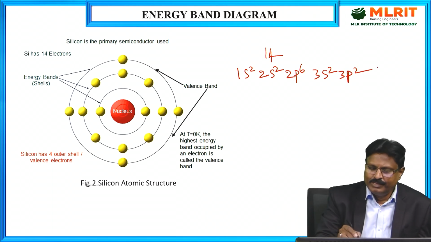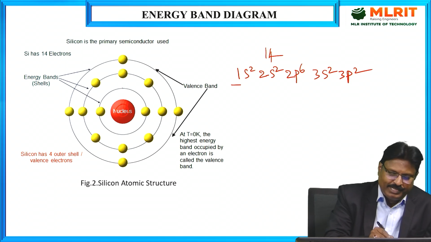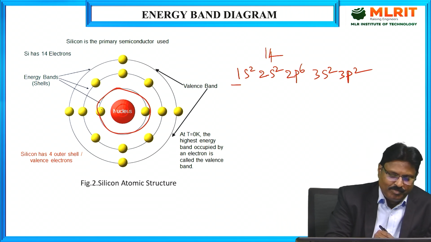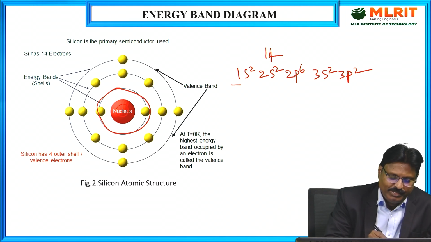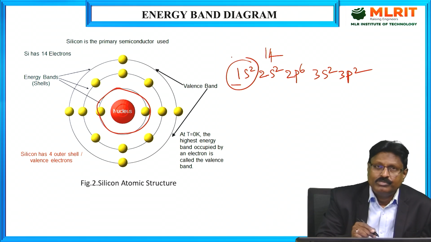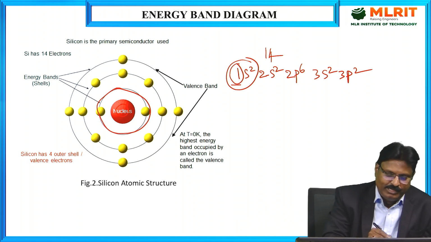So this first shell, as you can see here, is the innermost orbit. The electrons contained in the innermost orbit are closely associated with the nucleus. 1s2 means how many electrons are there in this first shell? 2 electrons are there.